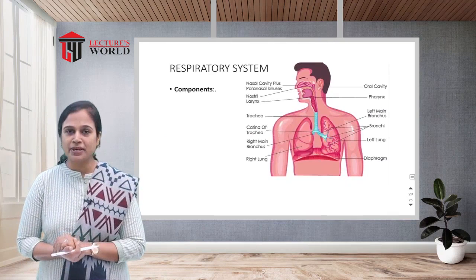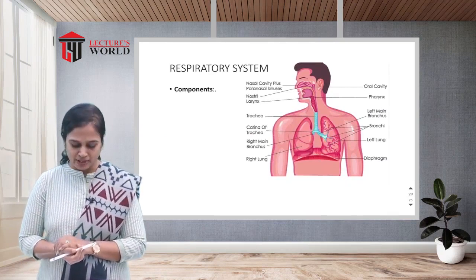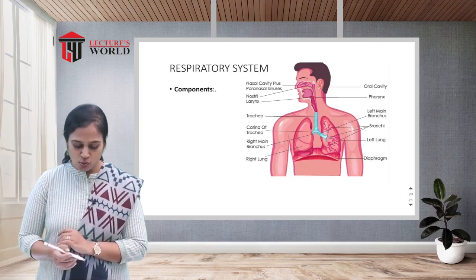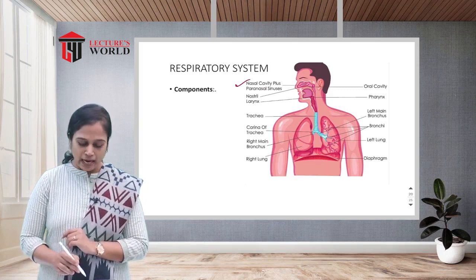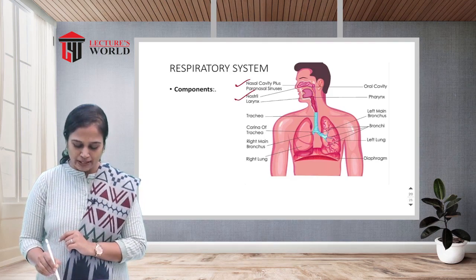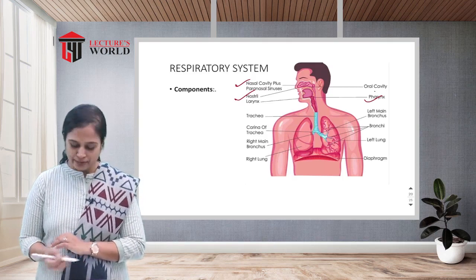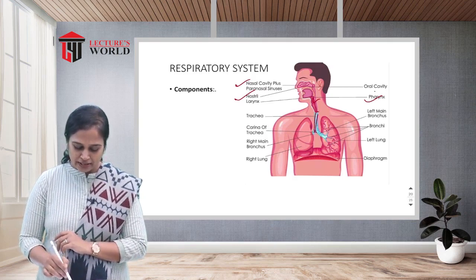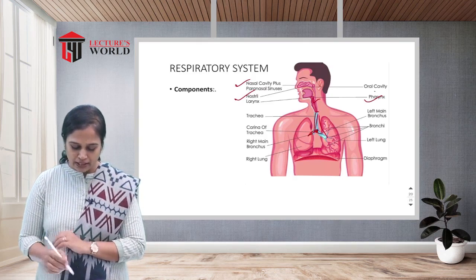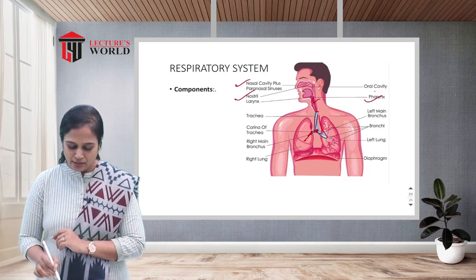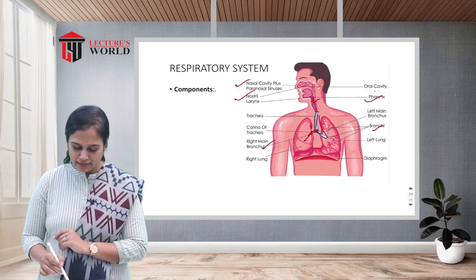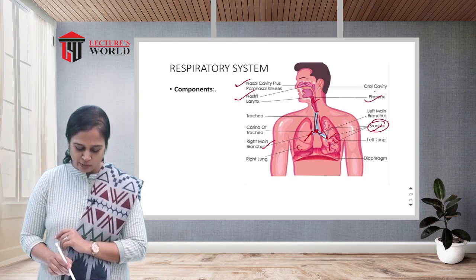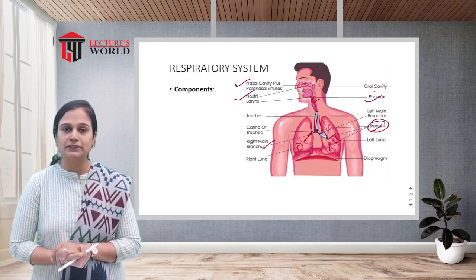Now talking about the respiratory system, the organs are divided into two parts, the upper respiratory tract and the lower respiratory tract. It starts from the nasal cavity and the nostrils, then there is the oral cavity and the pharynx, that is the oropharynx and laryngopharynx, then the larynx and the trachea. The trachea divides at the carina into the right main bronchus and the left main bronchus, which further divide into bronchi and the alveoli, and there are the two lungs in the respiratory system.